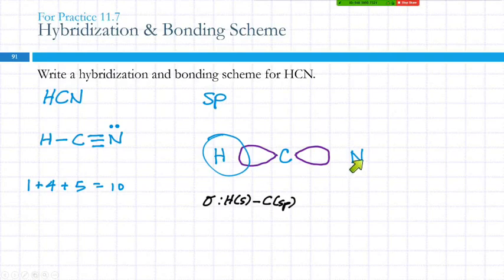Over here we've got nitrogen. If we look at the orbital diagram for nitrogen, unhybridized, it has 3 half-filled p orbitals.